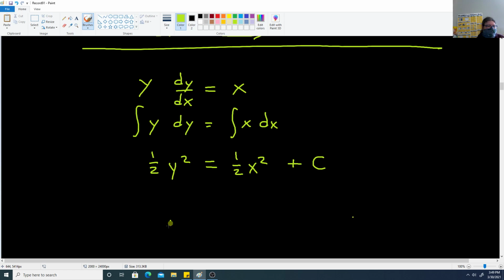Then I need to solve this for y, so I need to multiply everybody here by 2. This is going to bring up a kind of weird thing that happens in these. So we get y squared equals x squared plus 2c. C was just a stand-in for any constant, and 2 times c is another constant. We could let 2 times c be the constant d, and then if something happens to d, we could let that be the constant e.